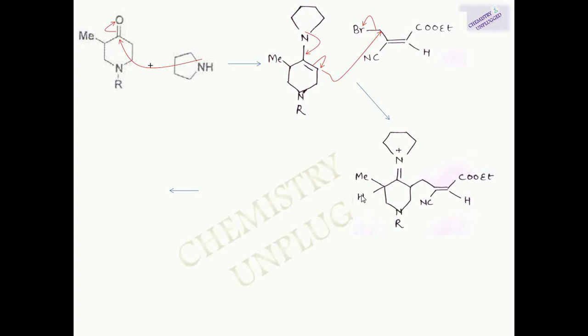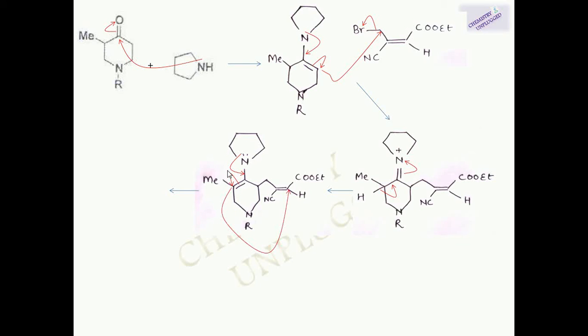Then in the next reaction, we have one alpha hydrogen here also. So this bond will shift here and this bond will shift here to neutralize the positive charge of nitrogen. And here we have a double bond due to the shifting of this bond. Then in the next step, this will become another enamine.